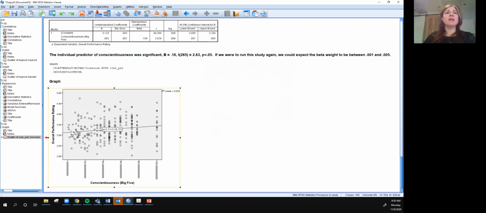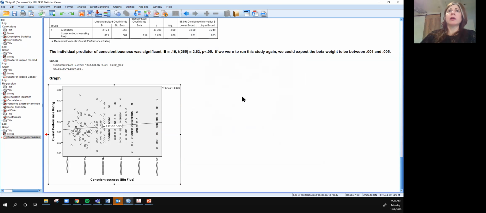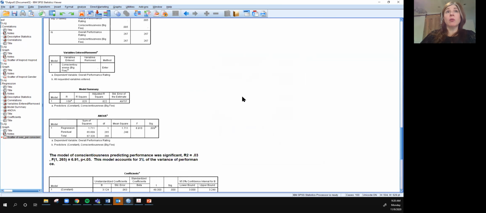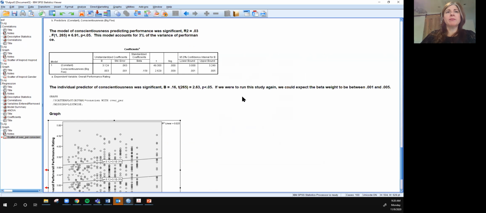And you can see the line's not very steep, right? So what this tells me is I would want some other predictors in here. It's telling me something, but it may not be as critical for this job. So I might look for another test, but it is significant and it would help us.